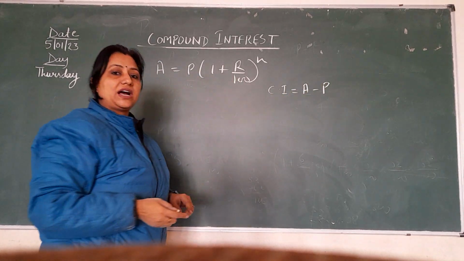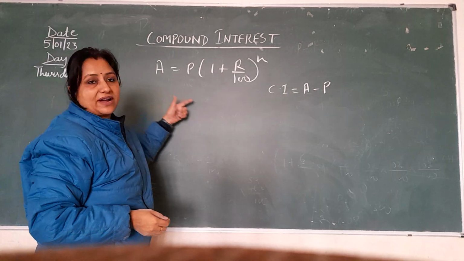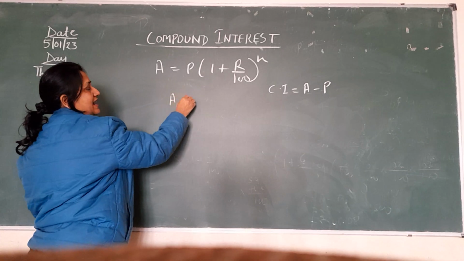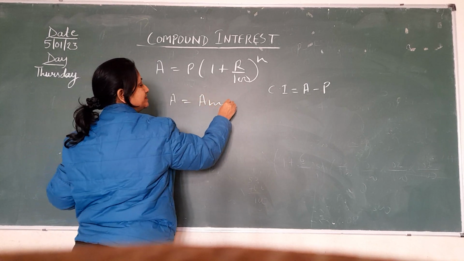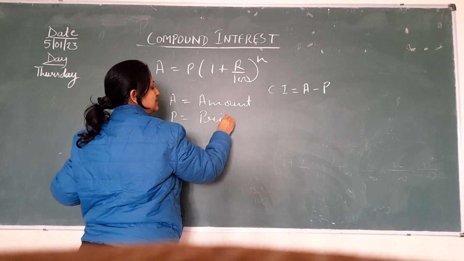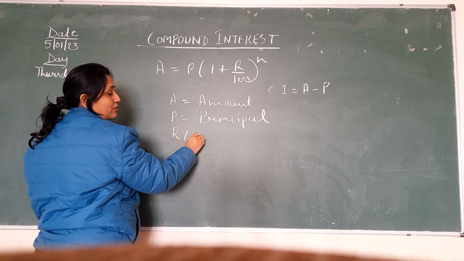So before finding out compound interest, we will find out the amount, and the formula for finding out amount is this, where A stands for amount, P stands for principal, R is the rate of interest.